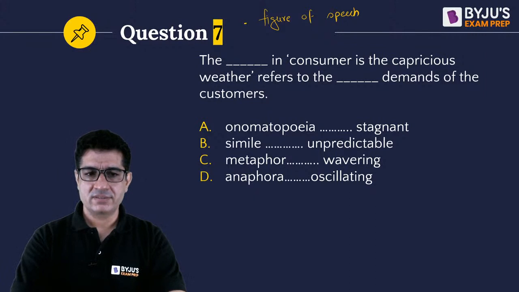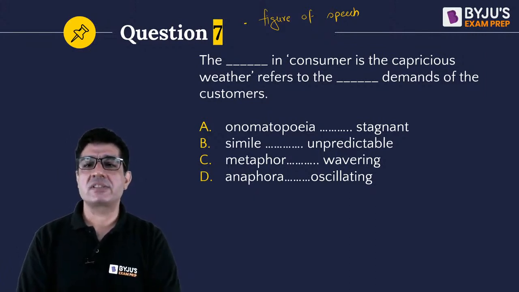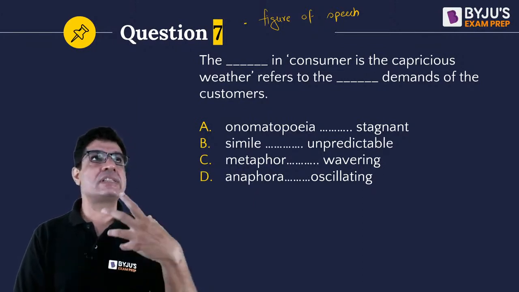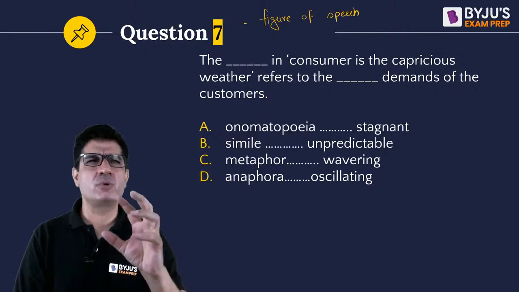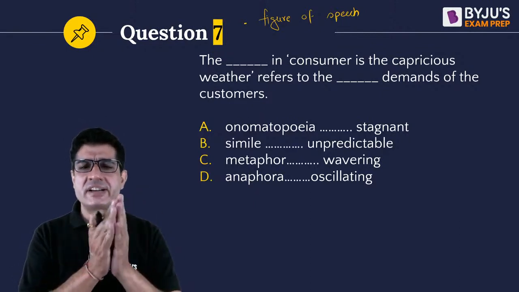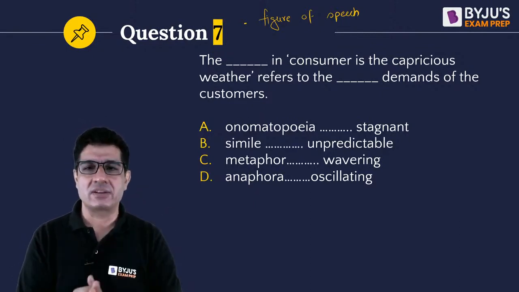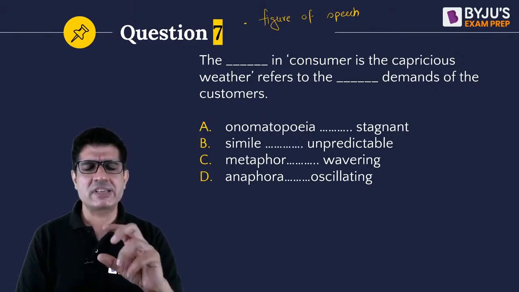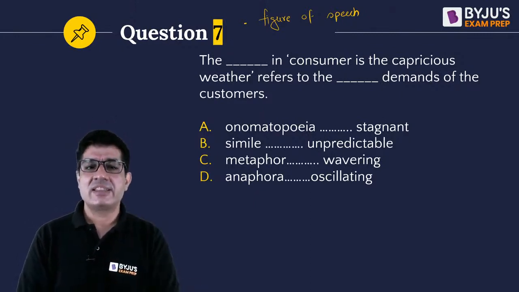Shall we? Okay, okay. So let's have a quick review. So what is onomatopoeia? Onomatopoeia is using words that indicate sound to refer to something, right? So basically words that capture sounds. Then you have simile.